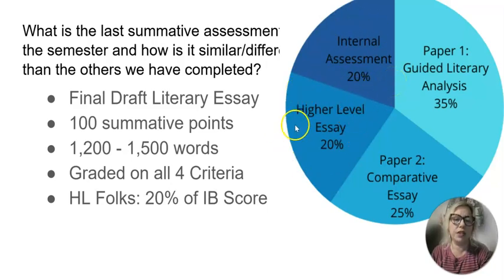Right now, this is the higher level essay, and we are going to submit it to the IB website. It is externally assessed. And then the rest of your score is made up of 2.5-hour exams that you'll do in May, paper 1 and paper 2.